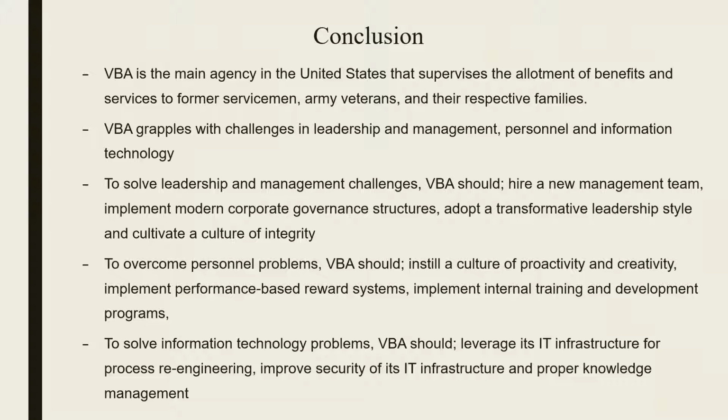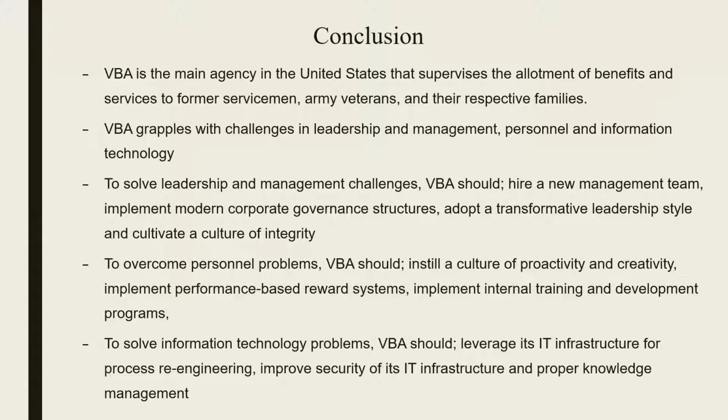In conclusion, VBA is the main agency in the United States that supervises the allotment of benefits and services to former servicemen, Army veterans, and their prospective families. VBA grapples with challenges in leadership and management, personnel, and information technology. To solve leadership and management challenges, VBA should hire a new management team, implement modern corporate governance structures, adopt a transformative leadership style, and cultivate a culture of integrity.